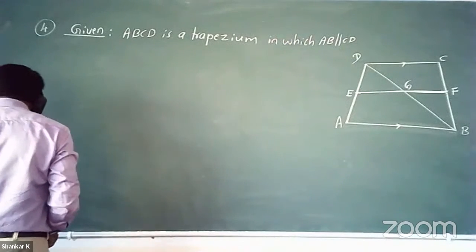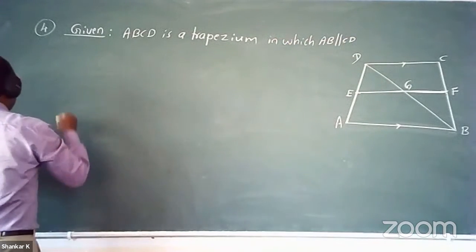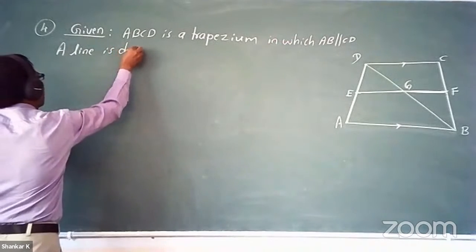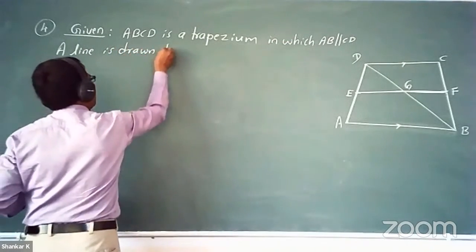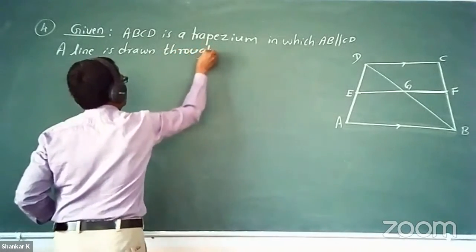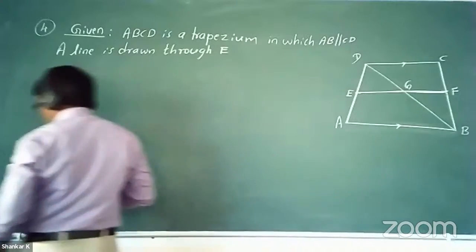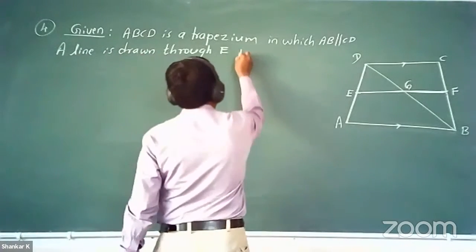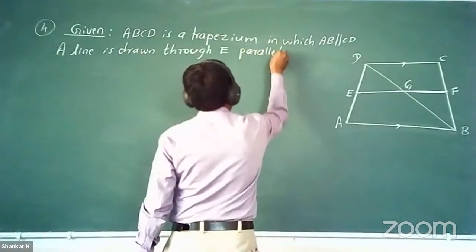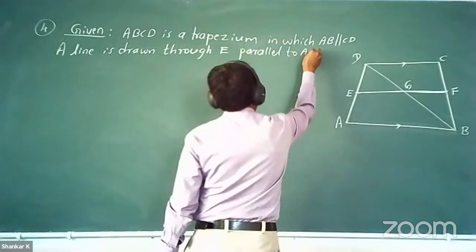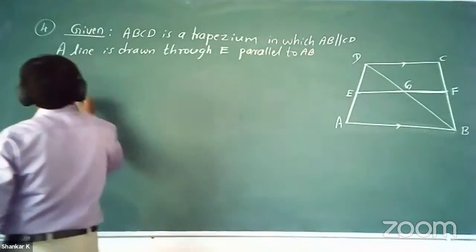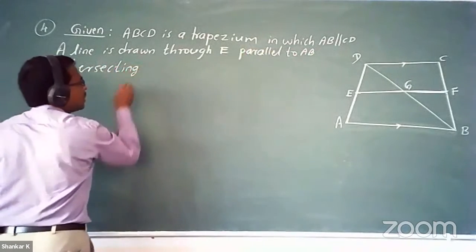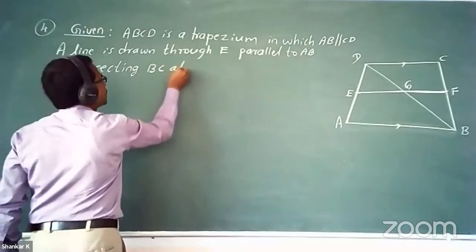Then a line is drawn through E, parallel to AB, intersecting BC at F.